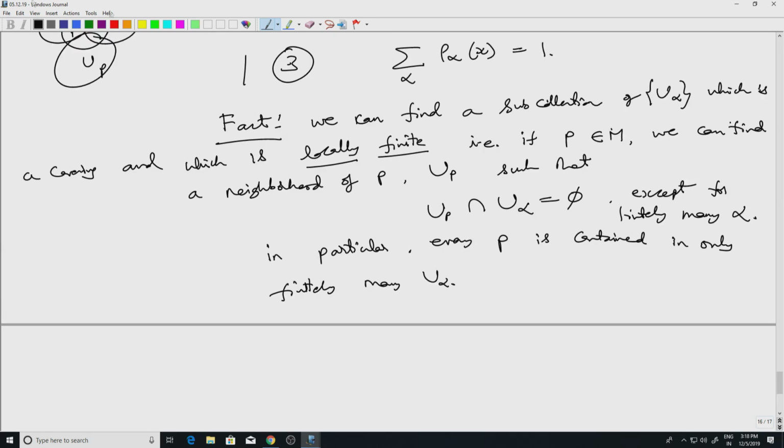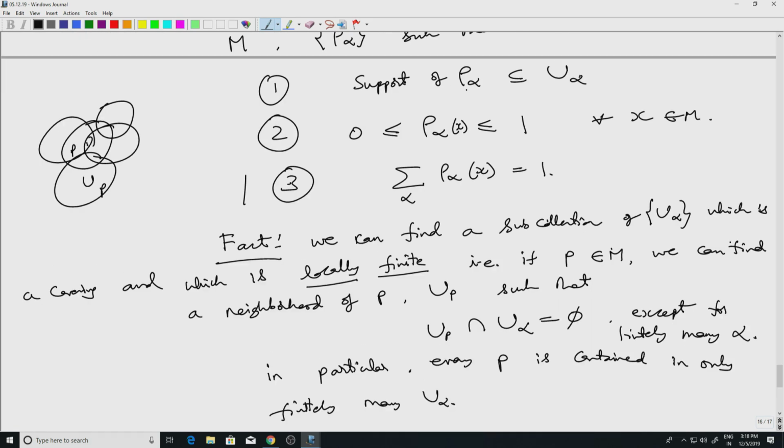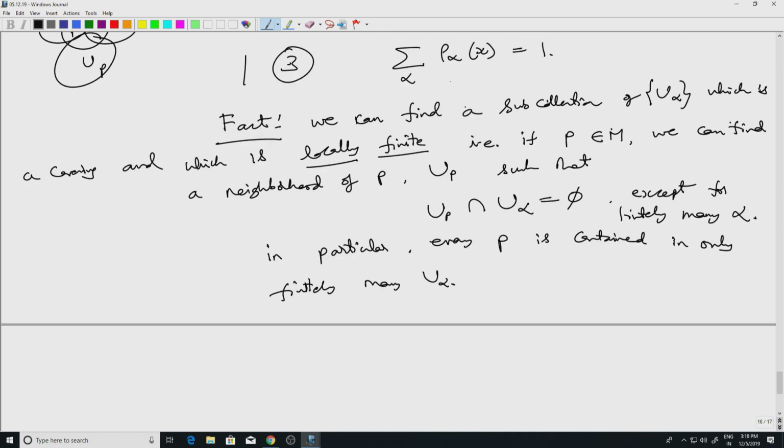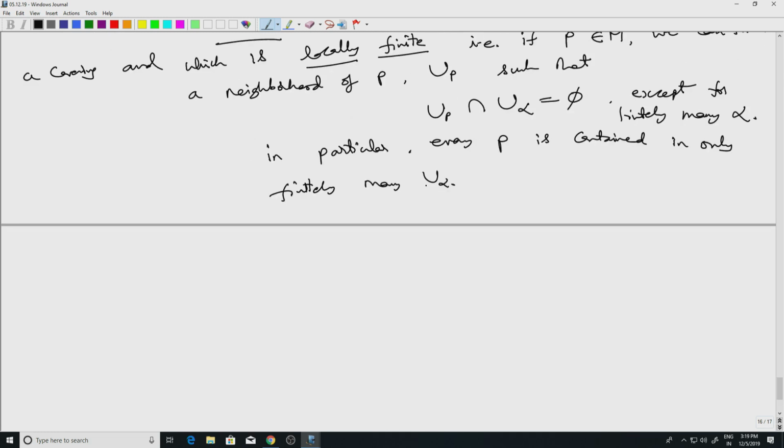Once we have this, every P is contained in only finitely many U alphas, and the support of rho alpha is in U alpha. So the moment x is not in U alpha, rho alpha will be 0. Except for finitely many alphas, all the rho alpha(x) will be 0, so this sum becomes a finite sum and makes sense.